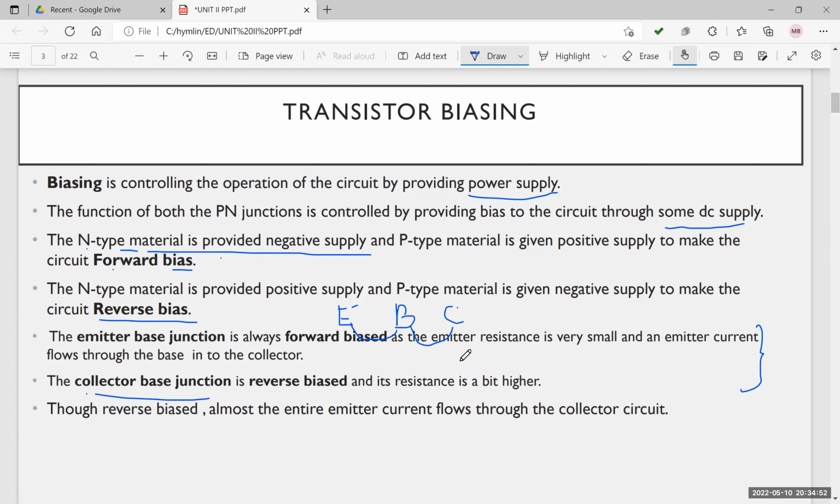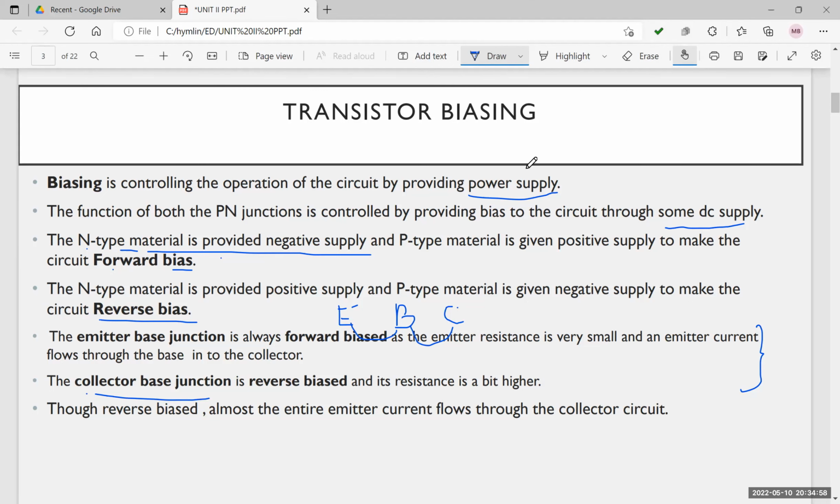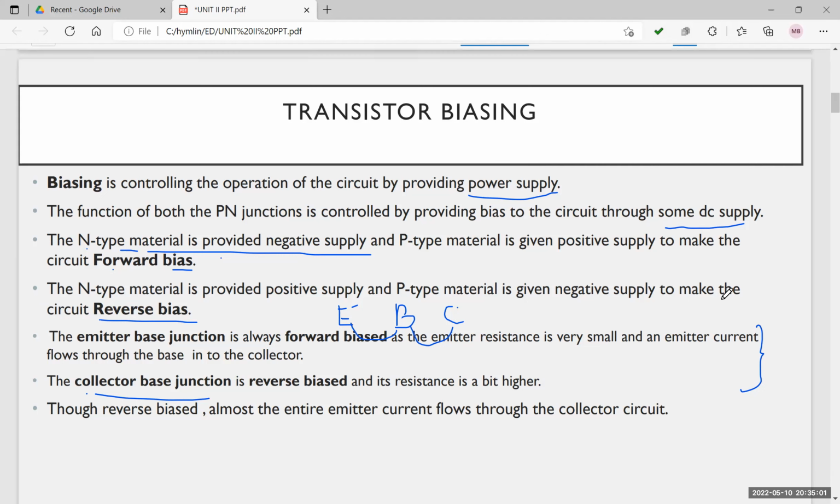Similarly, the collector base junction should be reverse biased. These are the two things you have to remember in discussing transistor biasing. All the emitter current generated due to the external supply will flow through the collector circuit and get collected.